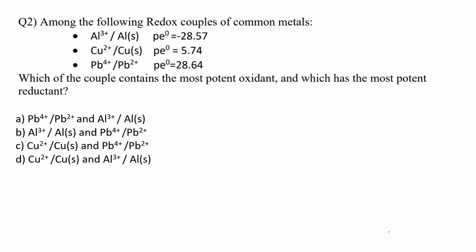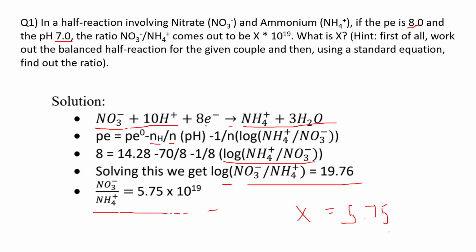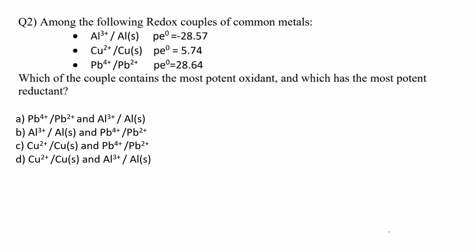Coming to the next question: among the following redox couples of common metals, aluminum ion versus solid aluminum, and so on, a pE naught value is given. Such values are given in the textbooks, so you can take them from there for solving question number 1. Here in this question these values are given; in the examination, the values for question number 1 will also be given, so you don't have to refer to the book.